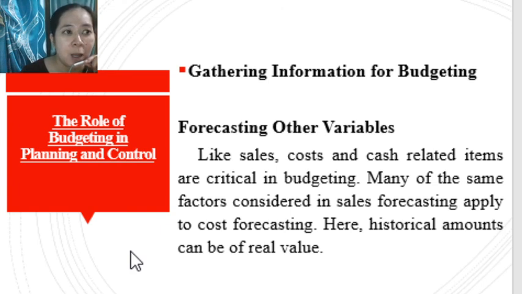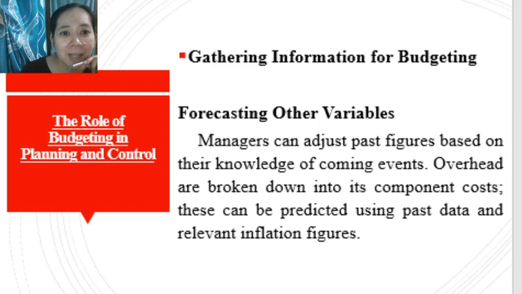For example, the purchase cost of materials and our labor cost based on the past. But this will be just the basis, and it is not certain that these will also be the values incurred in the actual performance. So managers can also adjust the past figures based on their knowledge of coming events. That's why the historical data will be just a basis.